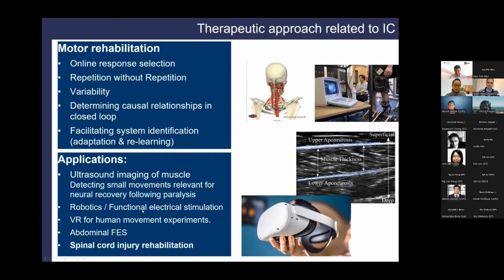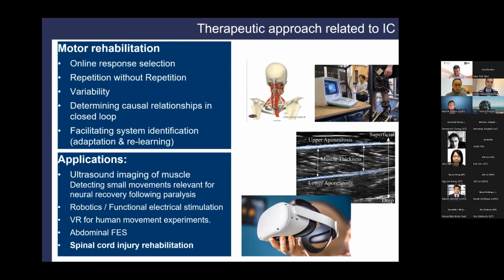We have been using functional electrical stimulation of muscle in this context. We are combining this with robotic applications and with VR for human movement experiments.